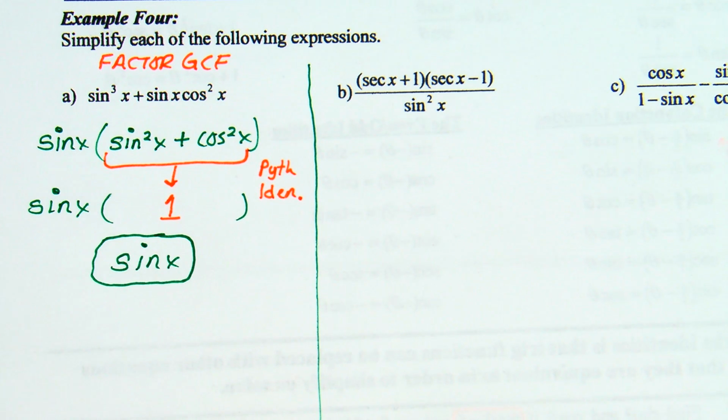Okay, so B. Secant x plus 1 times secant x minus 1 over sine squared x. Two parentheses, both binomials. Let's FOIL.